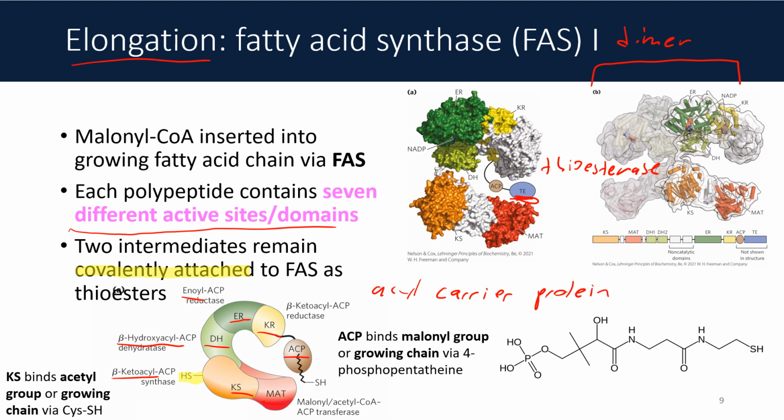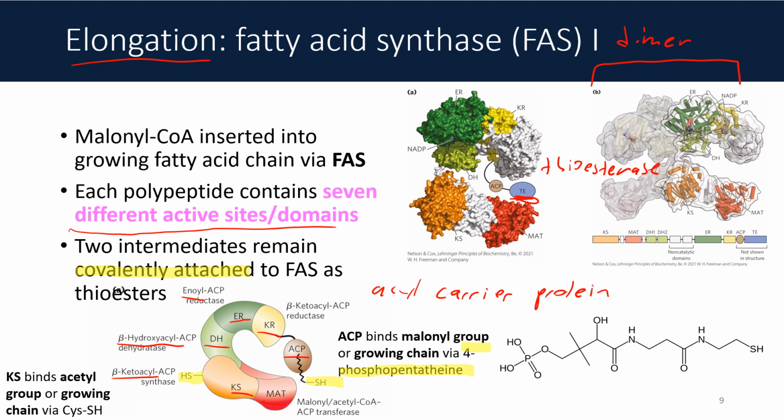We'll talk more about that soon. And secondly, ACP is going to possess a cofactor that resembles coenzyme A called 4-phosphopantetheine.